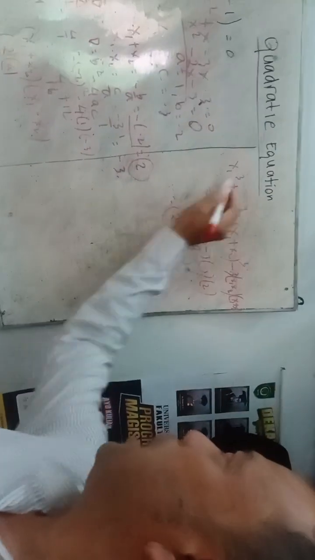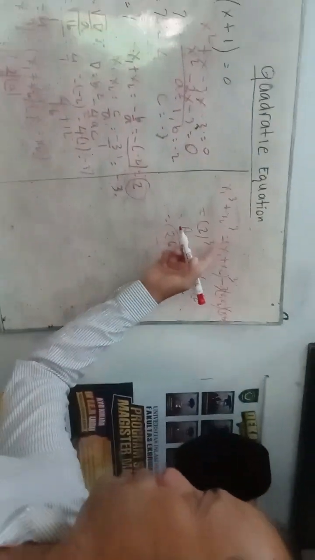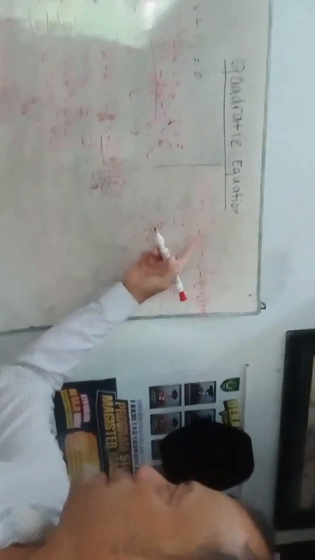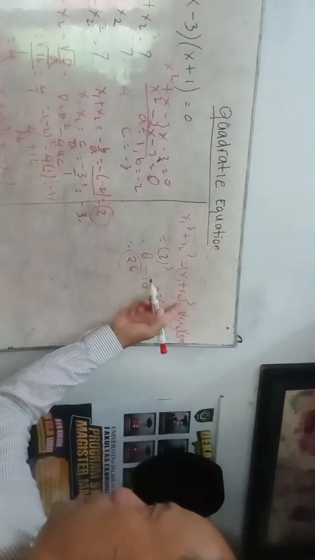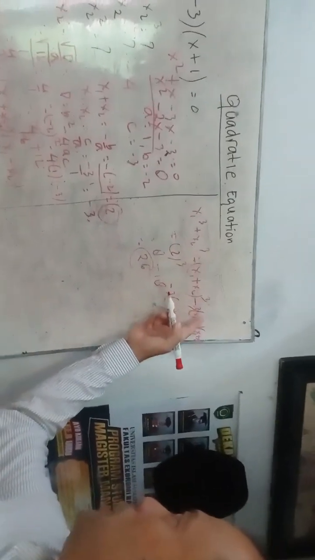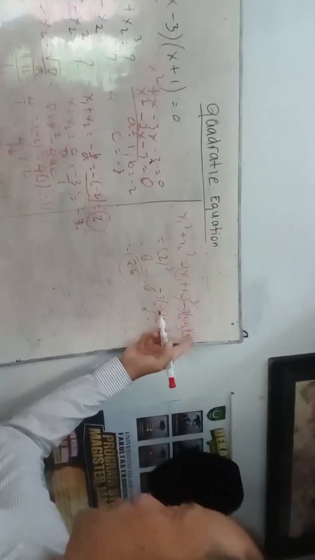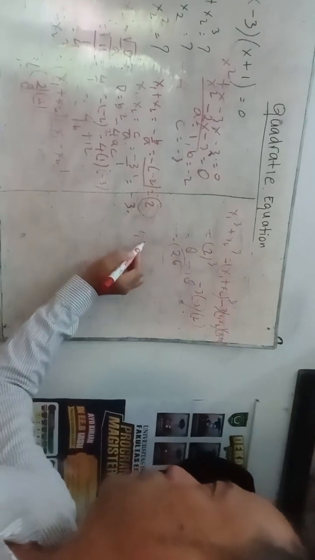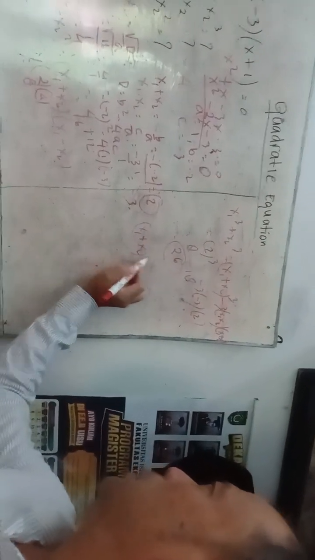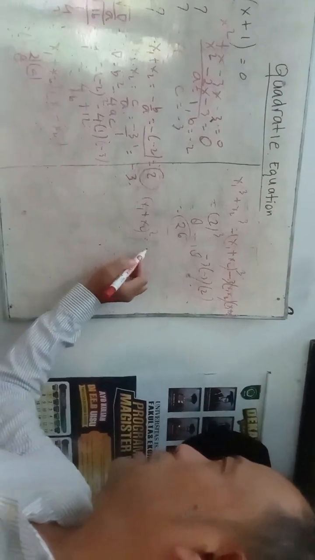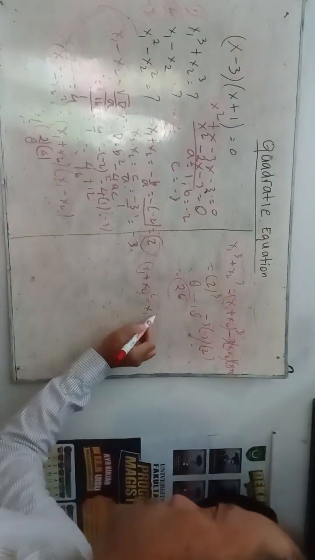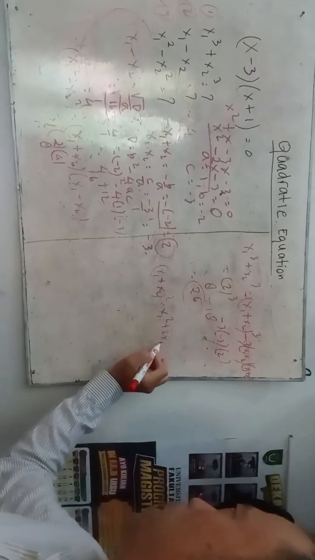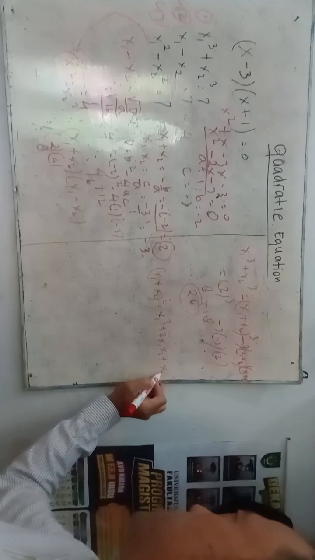Notice how, when we expand (x1 plus x2) power 3 minus 3 x1 x2 times (x1 plus x2): in the quadratic, (x1 plus x2) square equals x1 square plus 2 x1 x2 plus x2 square.